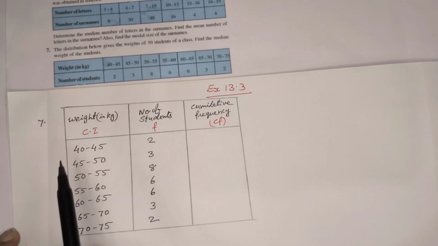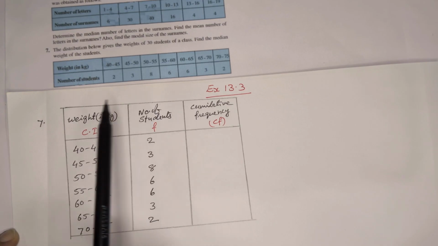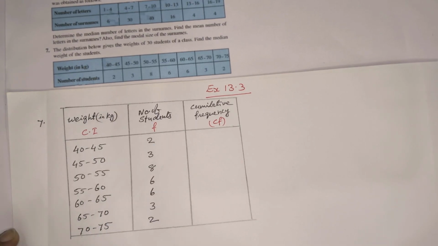Question number 7. The distribution below gives the weights of 30 students of a class. Find the median weight of the students. So weight in kilogram, that we can take as the class interval, 40 to 45, 45 to 50. It's a continuous class interval. Then number of students, that is frequency.